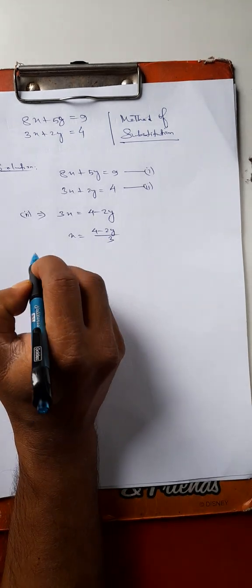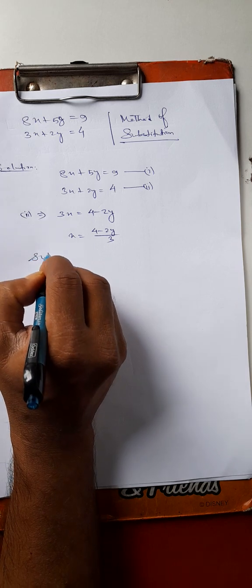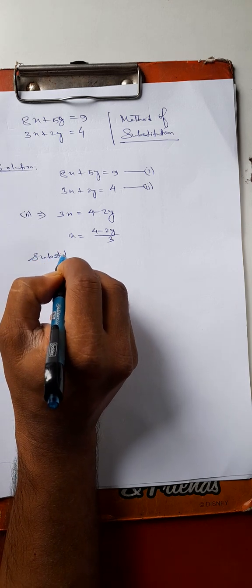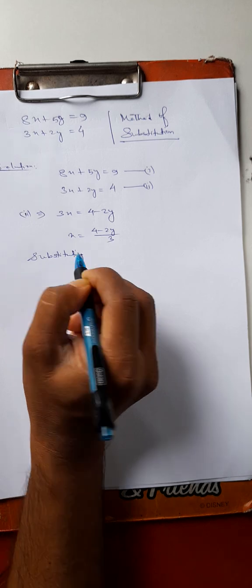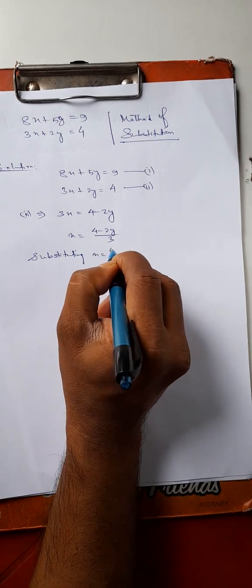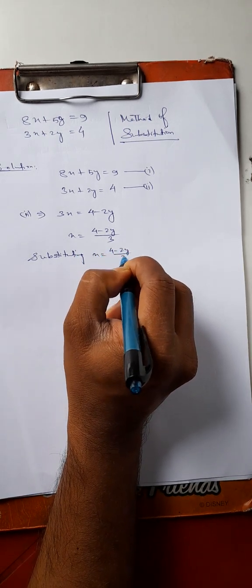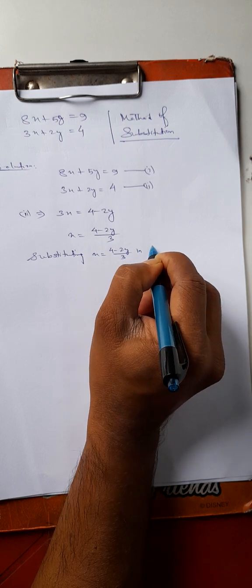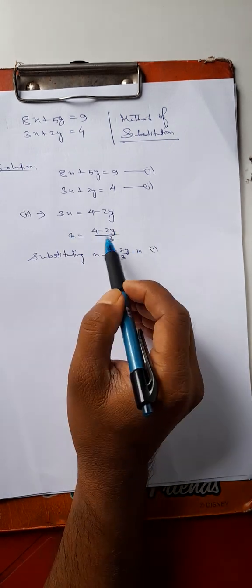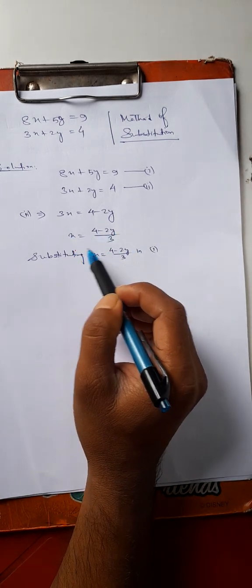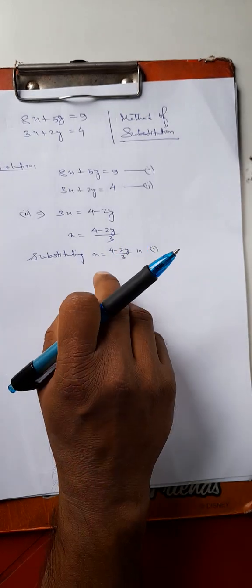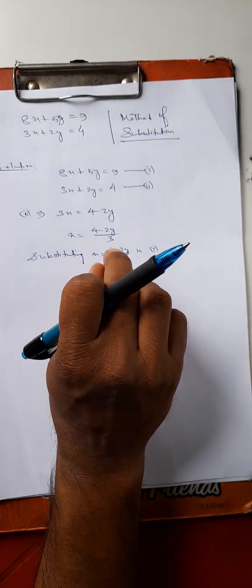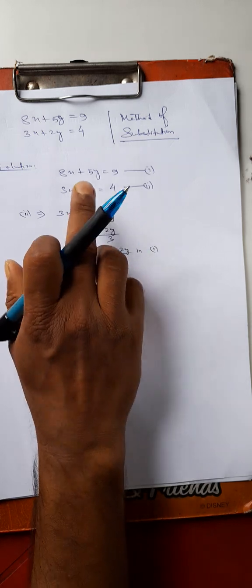Now substituting x equal to (4 minus 2y) by 3 in equation 1. From equation 2 you found the value of x in terms of y. Now we will substitute this value of x in equation 1.